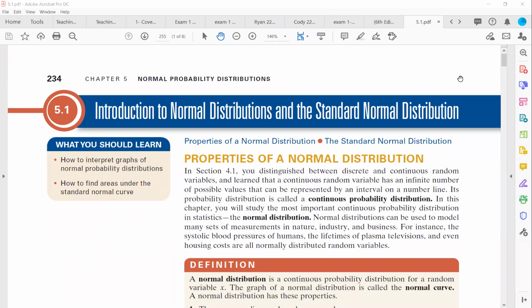Chapter 5.1, Introduction to Normal Distribution and the Standard Normal Distribution. Very well, so what we learned so far, we learned that we have two types of variables. A variable denoted by x can be discrete or it can be continuous.